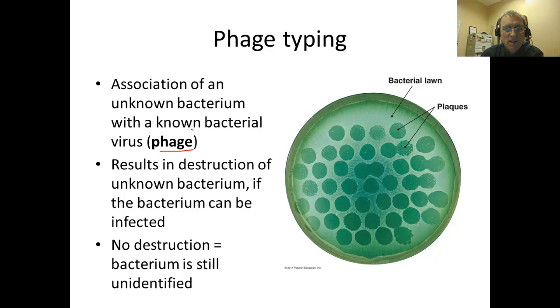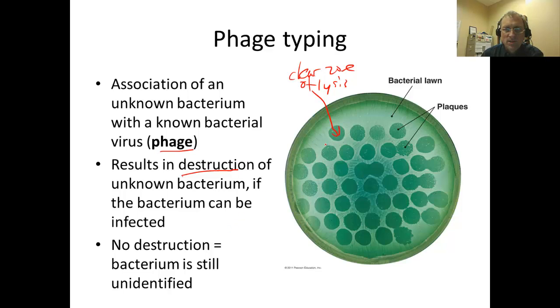But the end result is that when a bacteriophage is infecting a bacterium that it's able to infect, it's going to end up destroying that bacterium. And what's viewed when a phage is mixed with a bacterium is a clear zone of lysis, which means that the bacteriophage that was added right here in this circle was able to infect and destroy the bacteria on this plate.